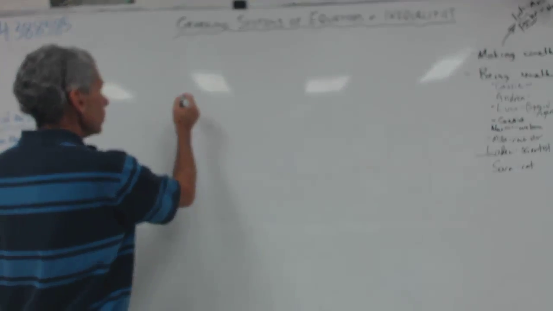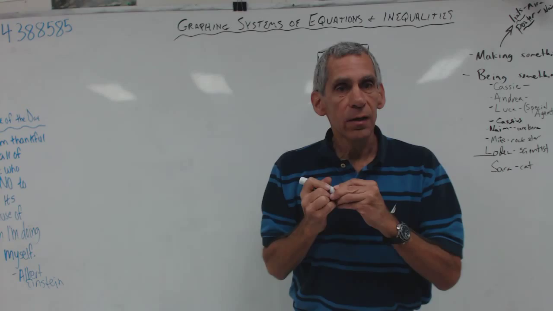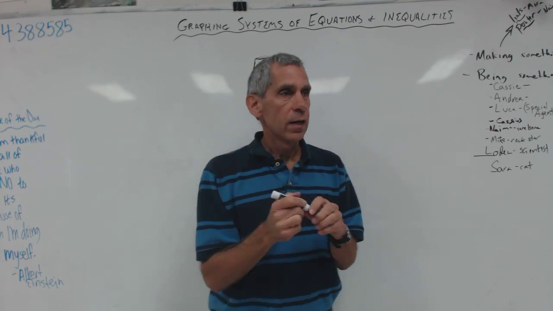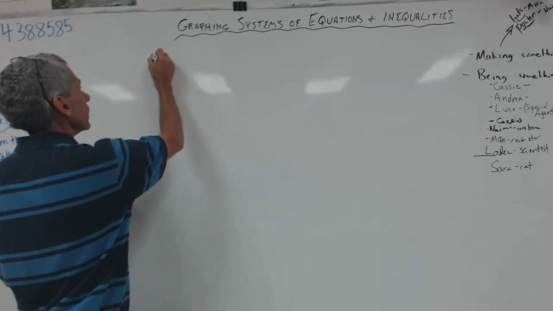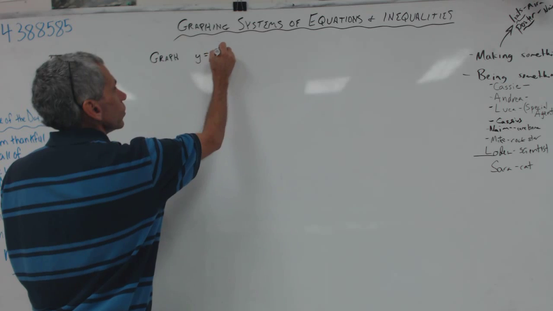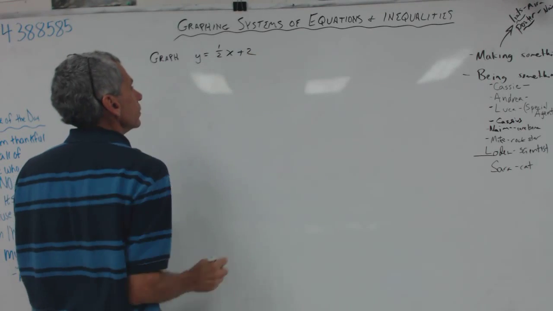It's not anything new. But basically, up to this point, I've been giving you one equation, right? I said, graph this, something like this. Graph y is equal to 1/2 x plus 2.